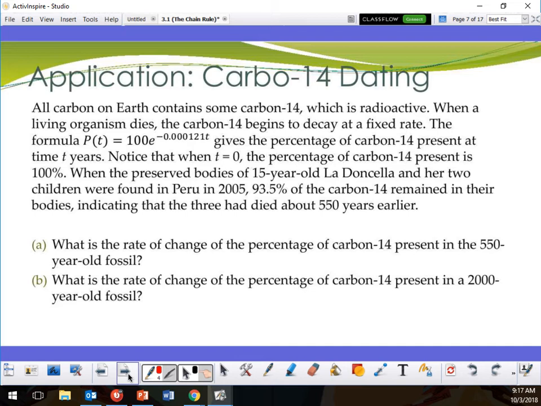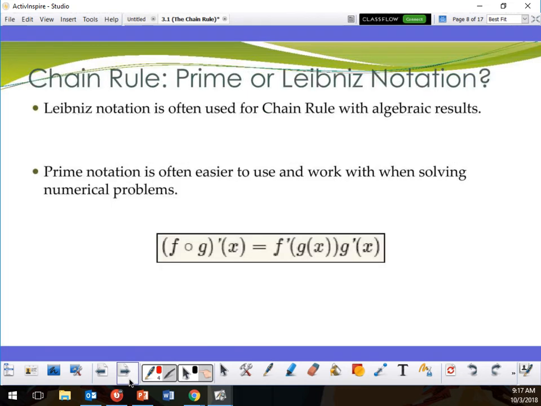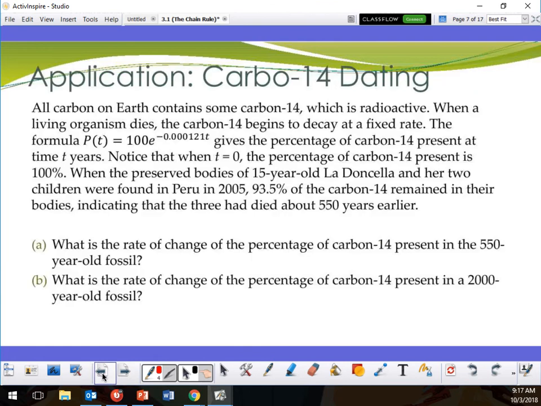Okay, so part A, what is the rate of change of the percentage of carbon-14 present in the 550-year-old fossil? I'm going to take my equation here and move this to another spot.